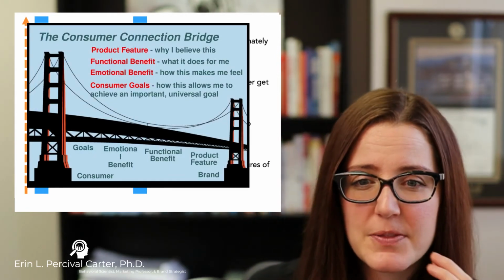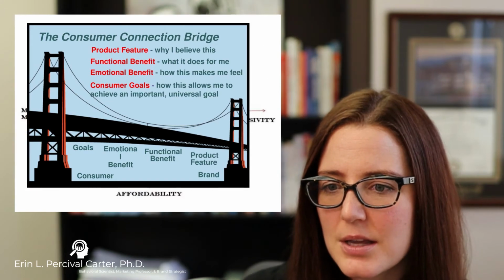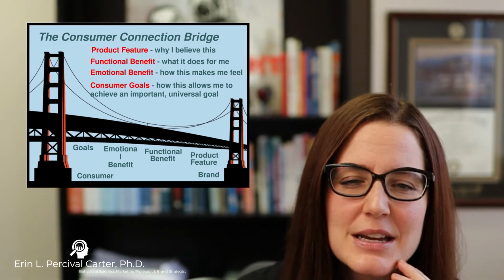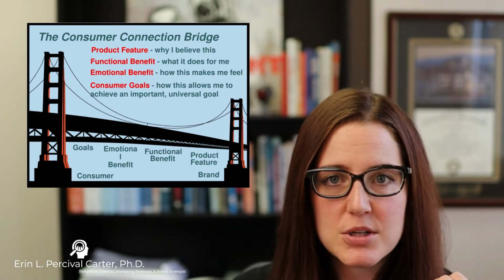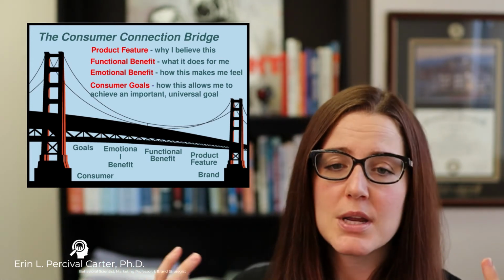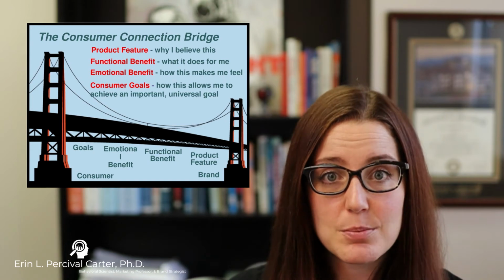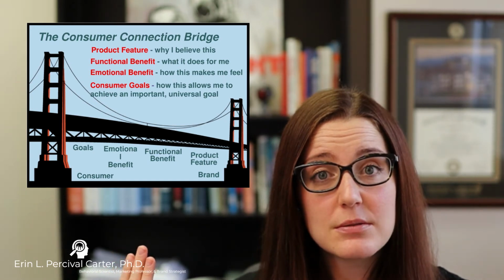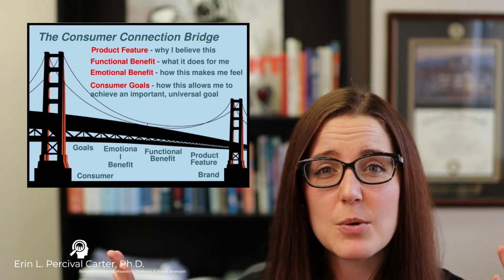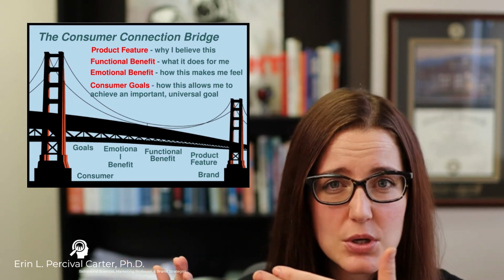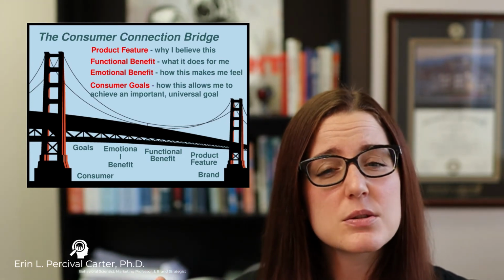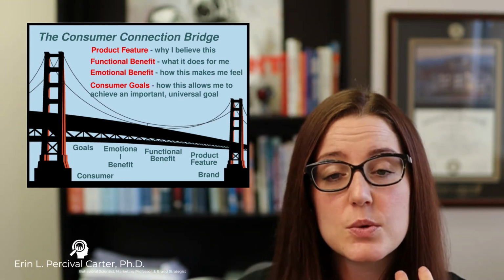Another way of thinking about this that's relatively common in brand literature is the consumer connection bridge. This essentially says we want to build a bridge between the consumer and the brand. How are we going to do that? We're going to take features of our product, of our brand, and channel those features across to our consumers' goals, right? So not necessarily building just to an emotional benefit.